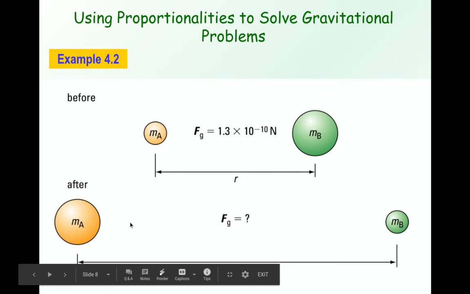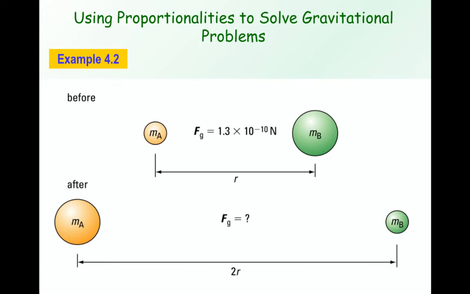It explains in the textbook on page 208: mass A is 6 times bigger, mass B is halved.